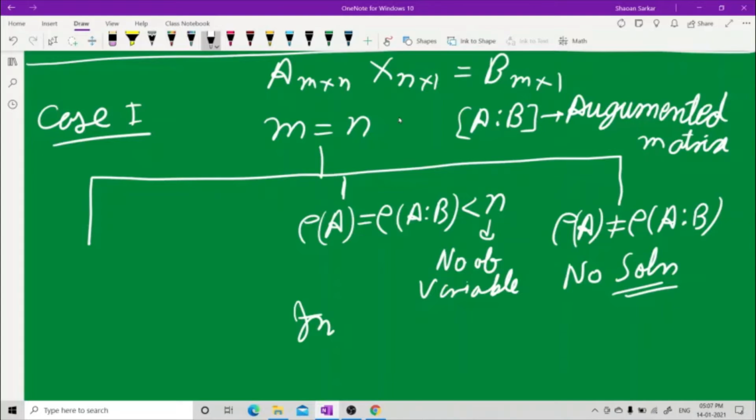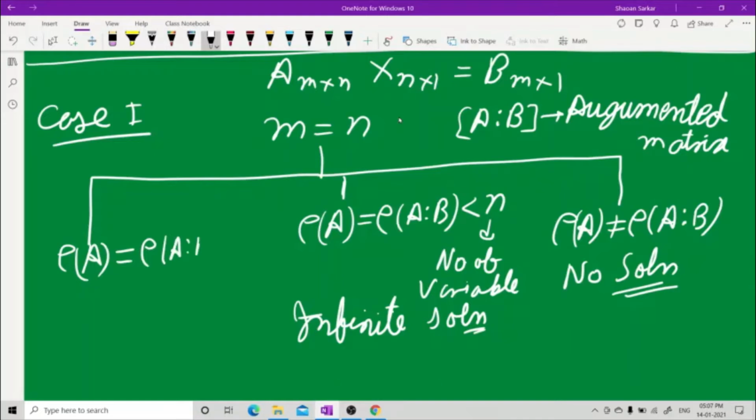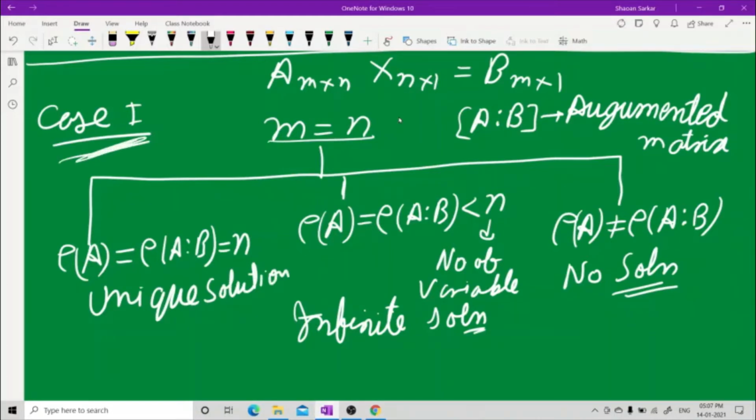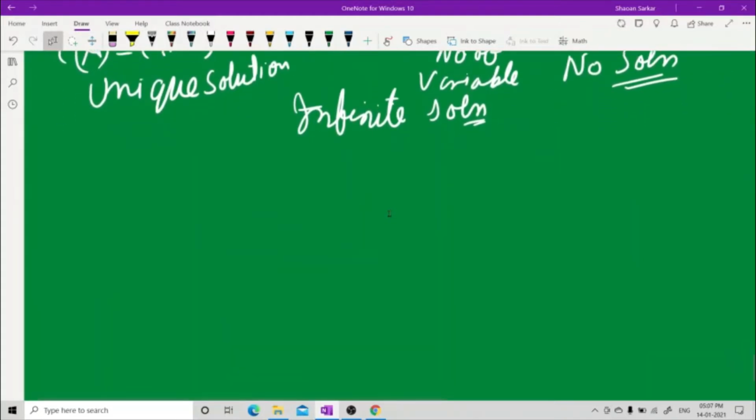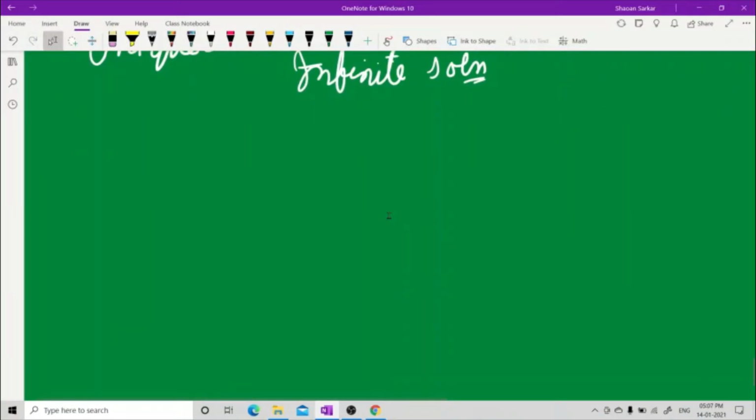This will give me infinite solutions. And then rank of A is equal to rank of A colon B, and this is equal to n or m, because n and m are both same here. So in this case, you'll get unique solution. This case one is the only one in your syllabus of GGSIPU, but for the sake of completeness, I'll do the rest.